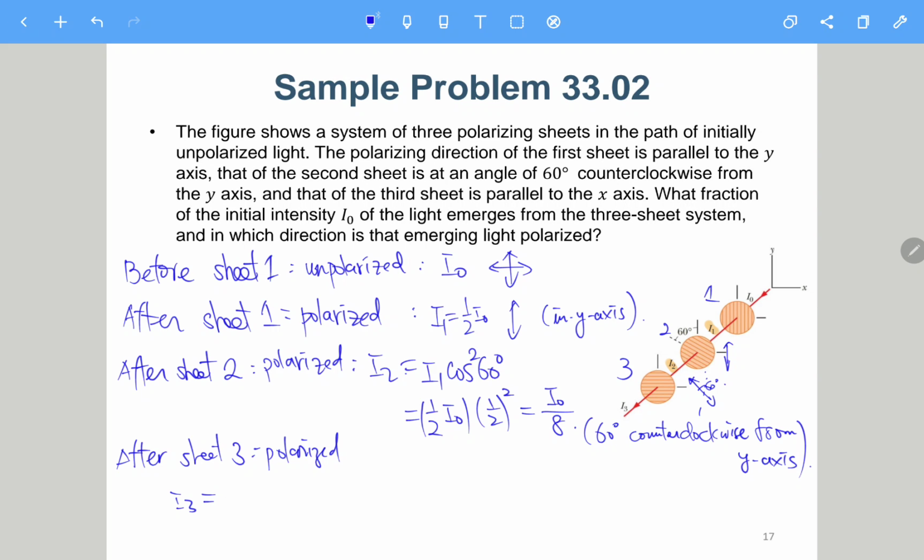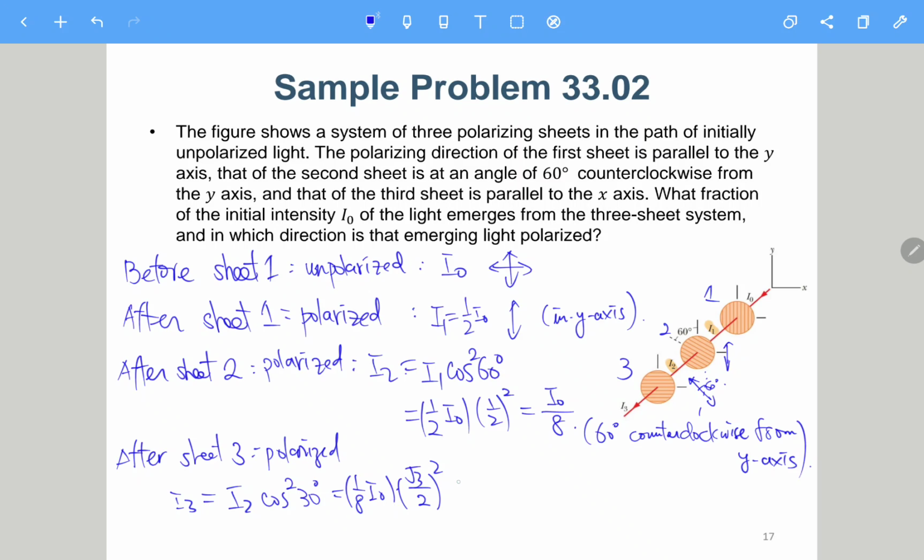And I3 will be I2 times cosine squared of theta. The incident light is at 60 degrees to the y-axis, and the third sheet is parallel to the x-axis, so the angle between them is 30 degrees. So we have cosine squared of 30 degrees. This is I2, which is 1/8 of I0, and cosine of 30 degrees is square root of 3 over 2, quantity squared.